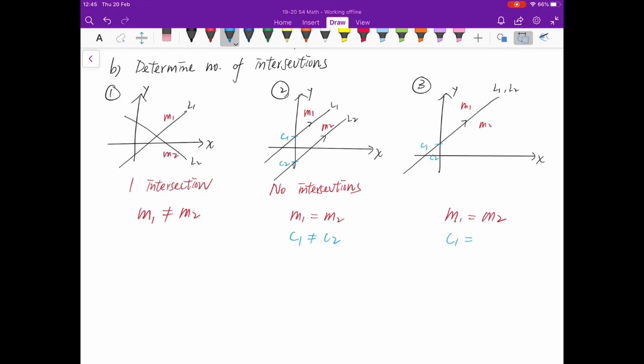So therefore, c1 is also equal to c2. Using these two pieces of information, we know that these two lines are exactly the same. So we can draw the conclusion that there are an infinite number of intersections.